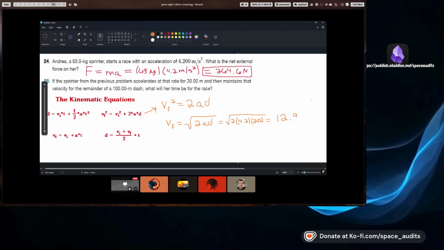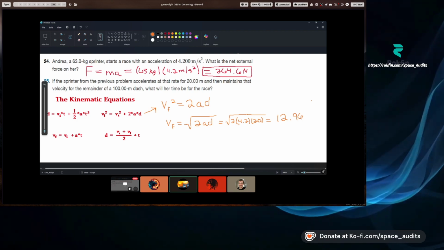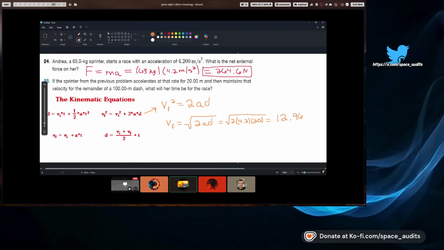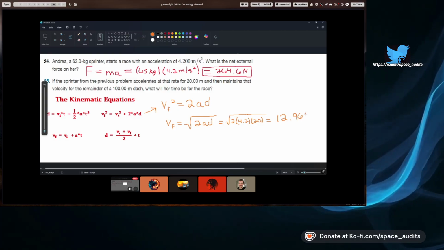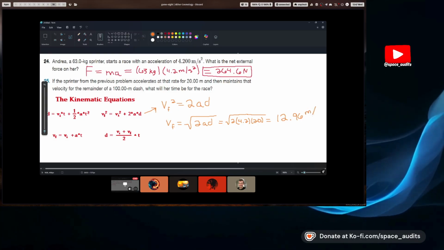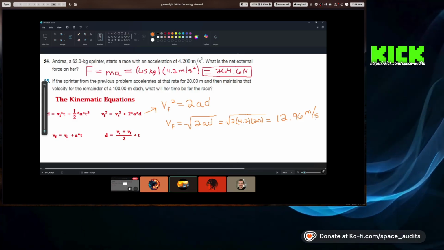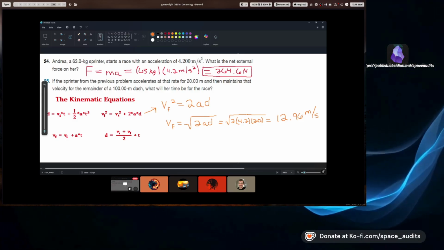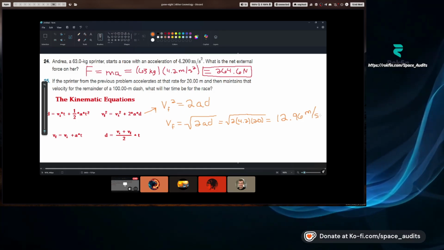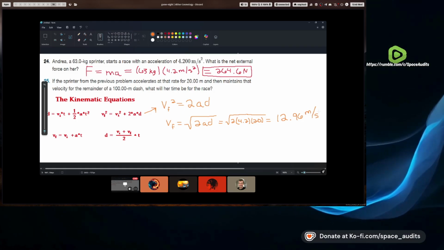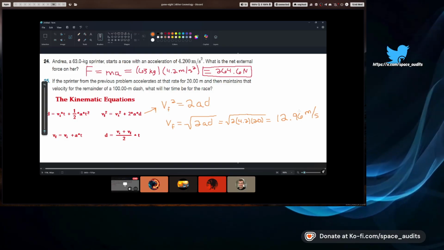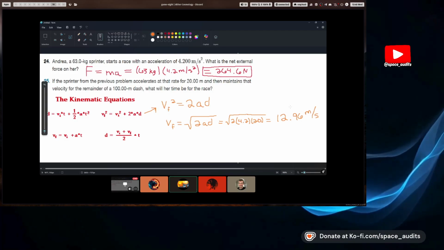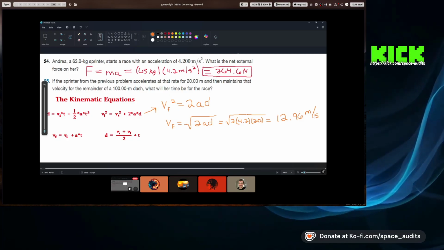12.96. And what are our units for velocity? They are meters per second. Acceleration is meters per second squared. Velocity is meters per second. Distance is meters. So remember, velocity is distance over time.